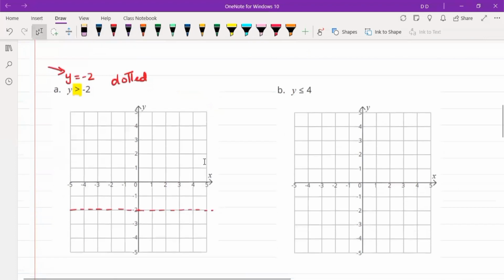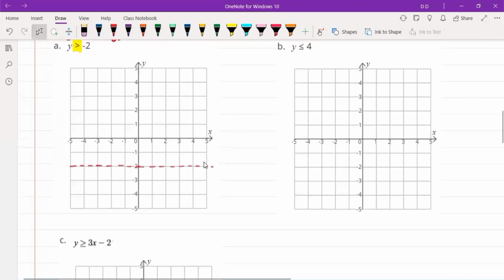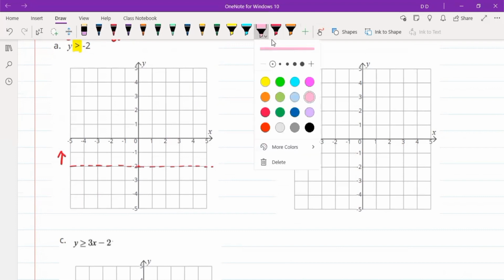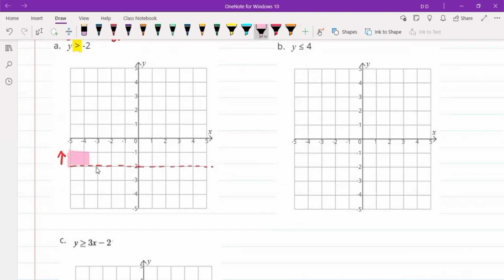Right now it is greater than, so it will be above the line. So I will definitely shade above this line. Now I can shade this whole region. Sorry for the imperfection.